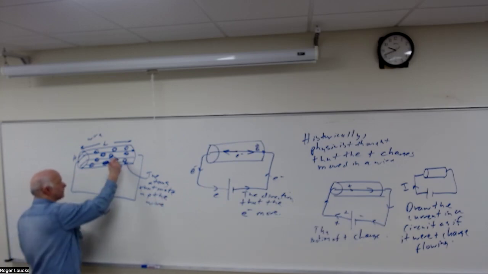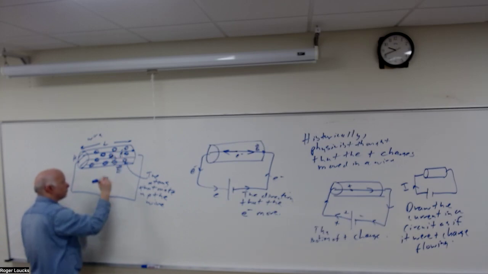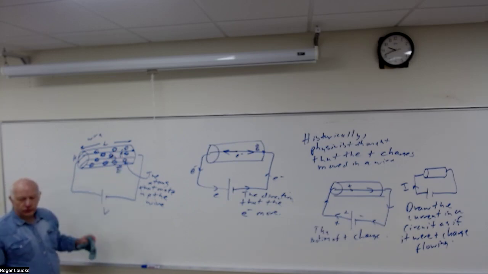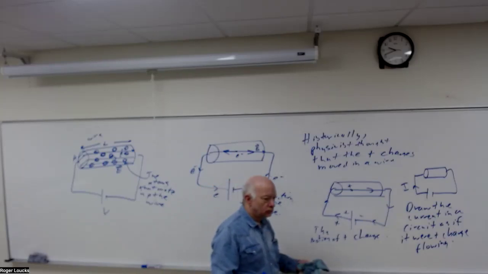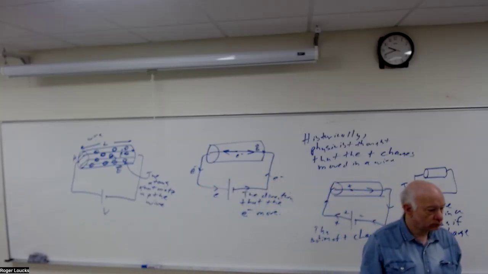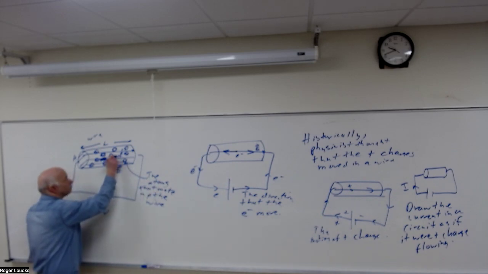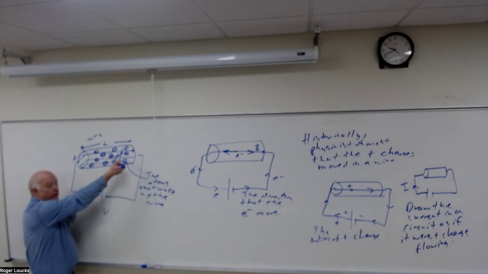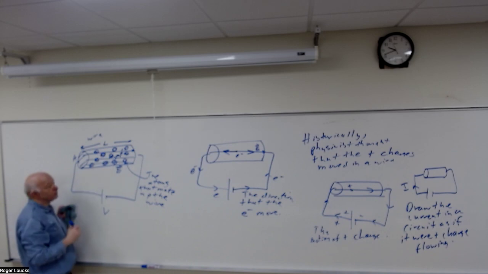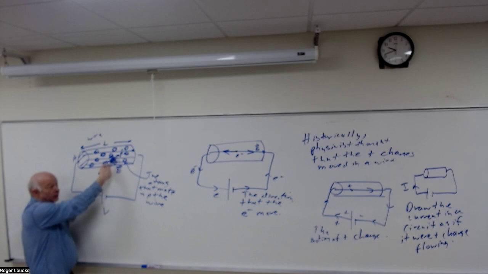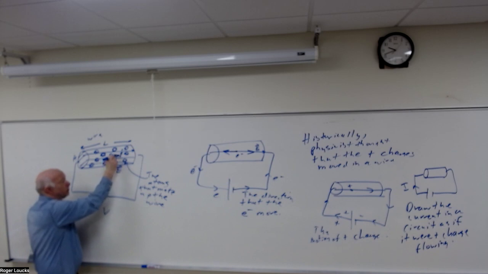Okay, so if you're a tiny little electron here, what are you going to do when you move? There's going to be a force on you this way. You're going to move this way, then what's going to happen to you? The electron's going to smash into one of the atoms here. And what's it going to do? It's going to recoil, go like that.